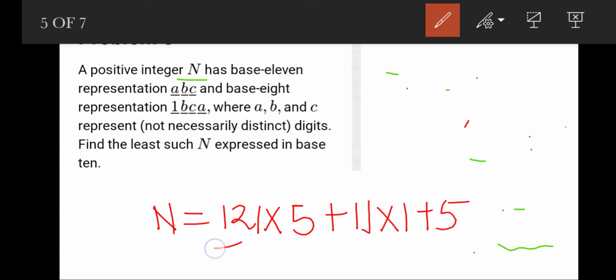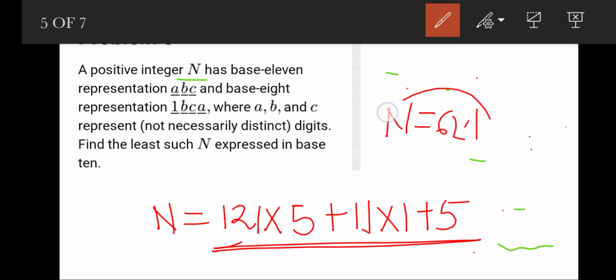This gives 605 plus 16, so n must be equal to 621, since n is the minimum. So yeah, we are done. Stay tuned for the next video.